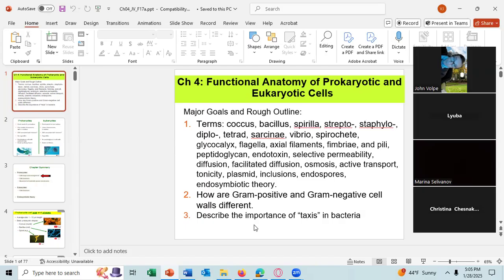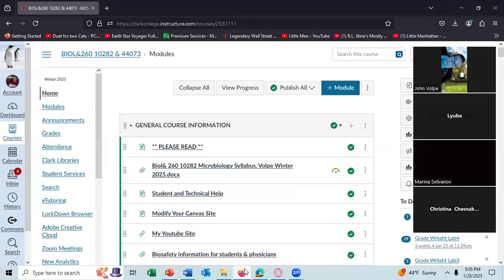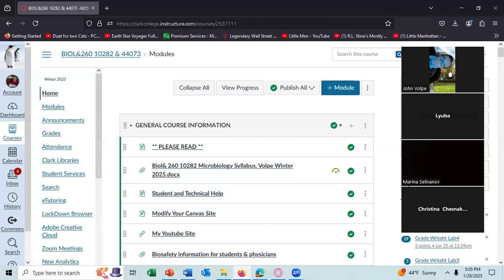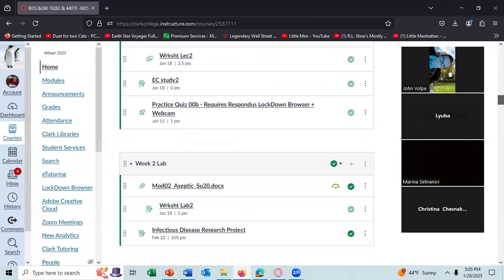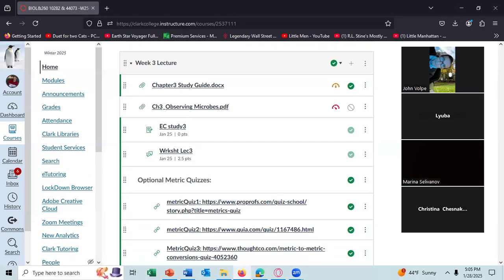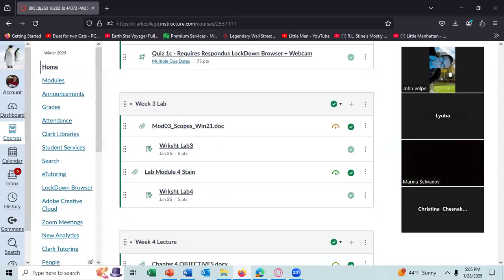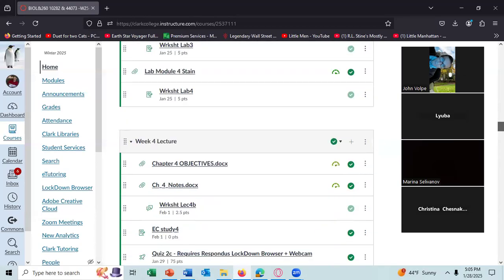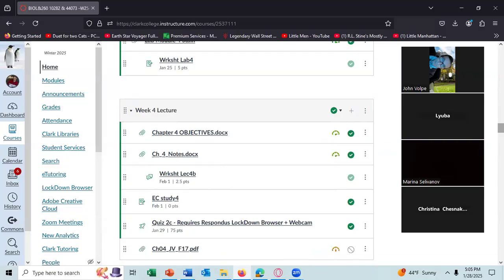To know all of the objectives of the lesson, you need to take a look at the study guide for this lesson, and it'll have at the very top of it, oh, it looks like I broke this one out into objectives and then the class notes. So take a look at the objectives for chapter 4.